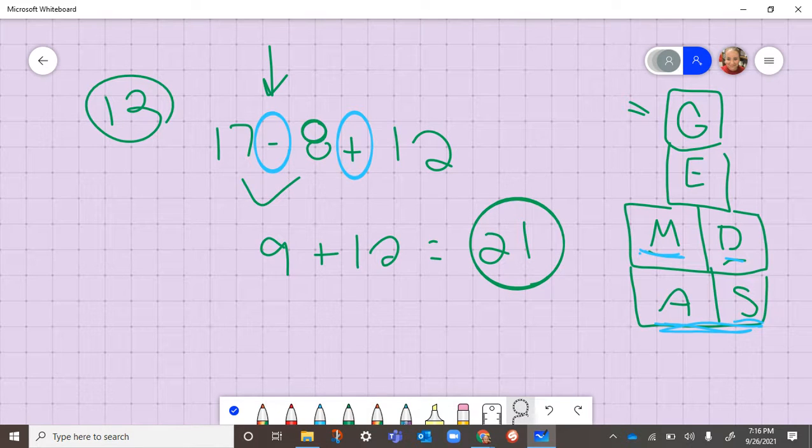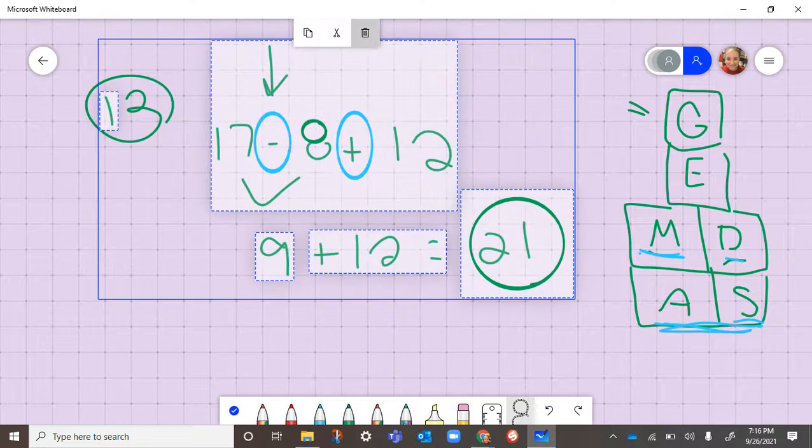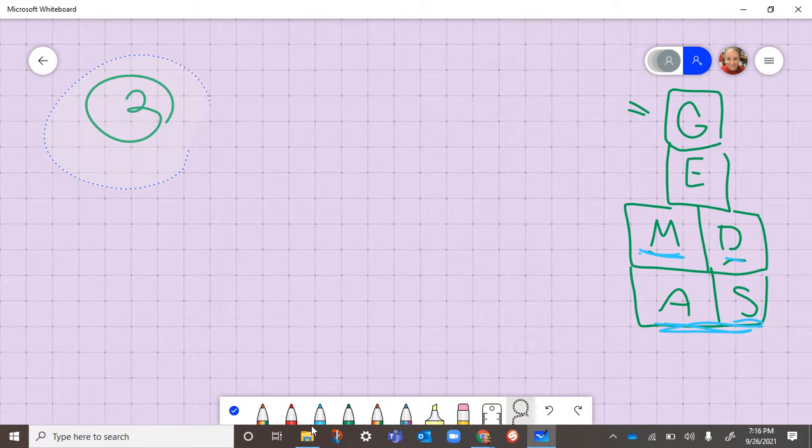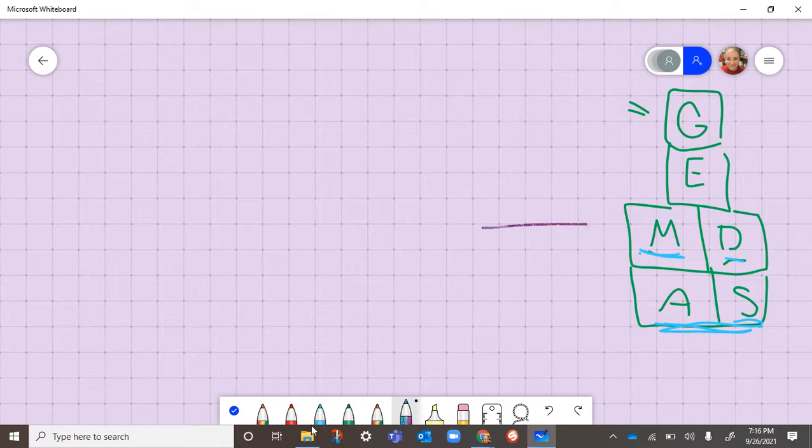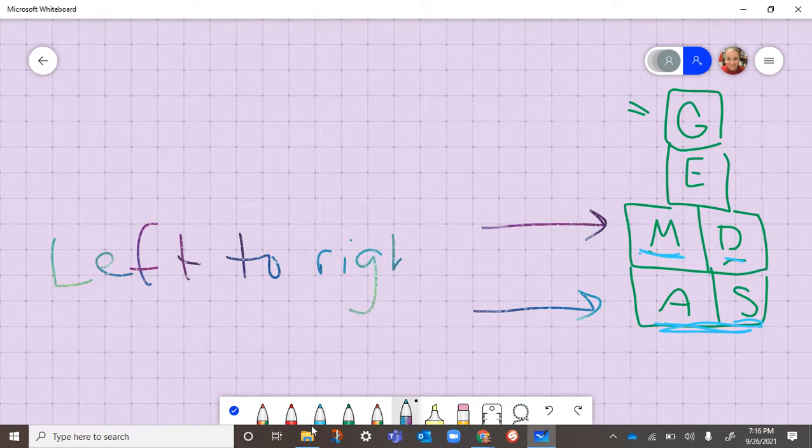Okay, guys. So again, this GMDOS is super important because it tells you the order. And for the multiplication and division, the addition and the subtraction, you go from left to right.